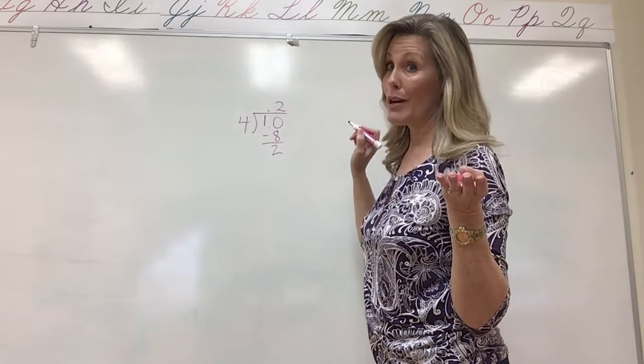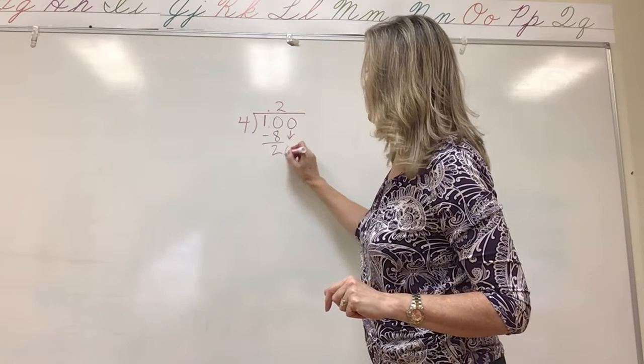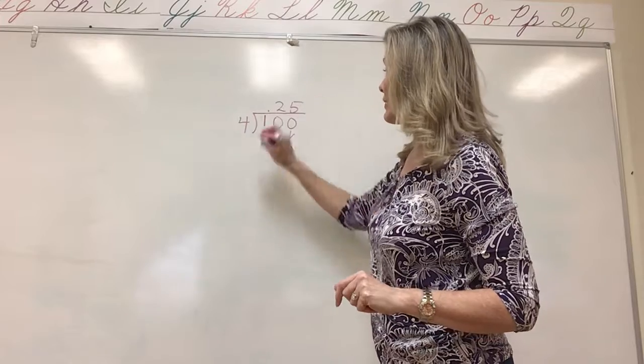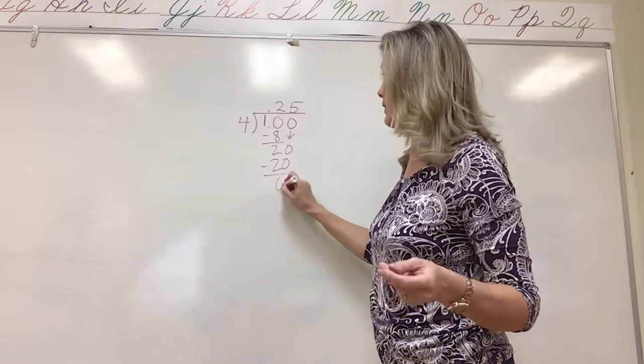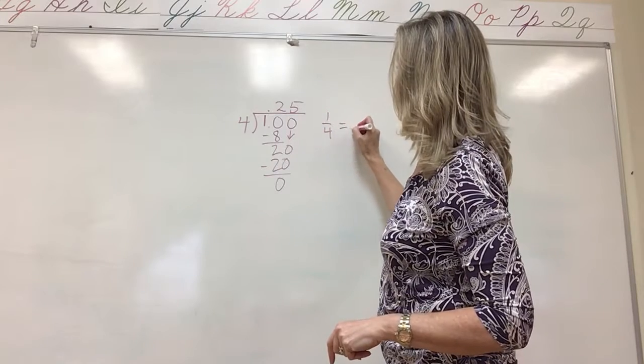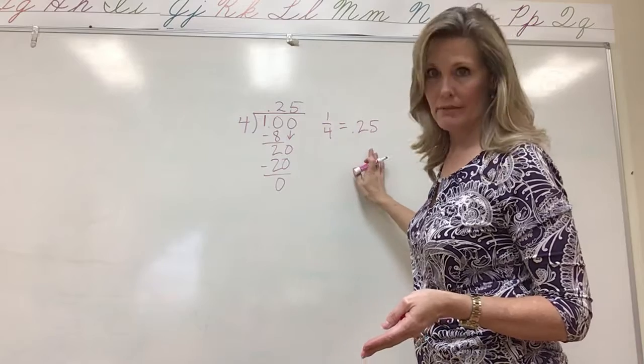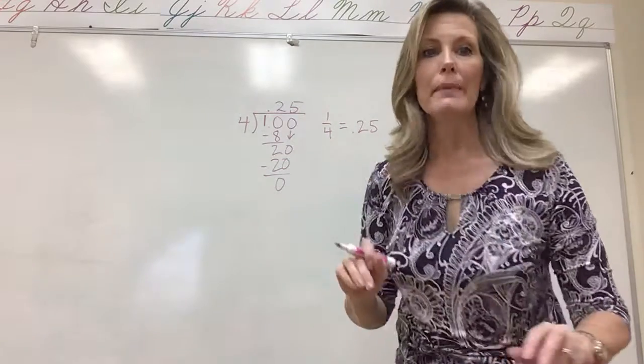That's a remainder, I don't want it, so I'm going to annex another 0, bring it down. 5 times 4 is 20. Now I have nothing for a remainder, so now I have my final answer. And 1/4 equals 0.25. 1/4 of a dollar is a quarter. All right, that's also in that chart that you're supposed to memorize at the top.